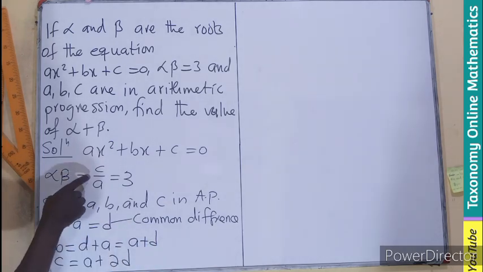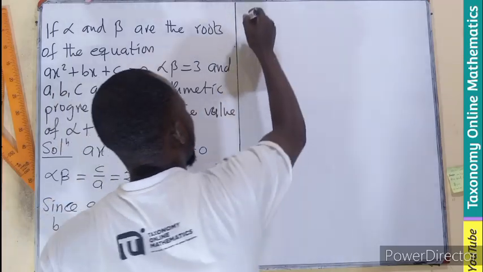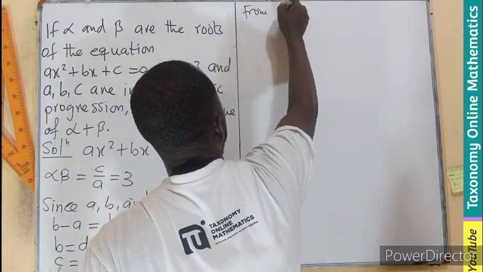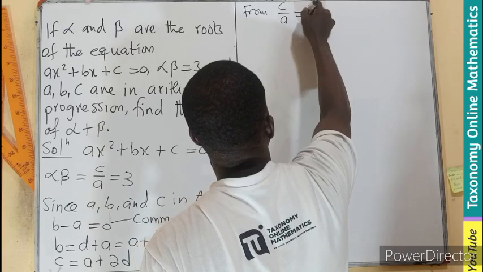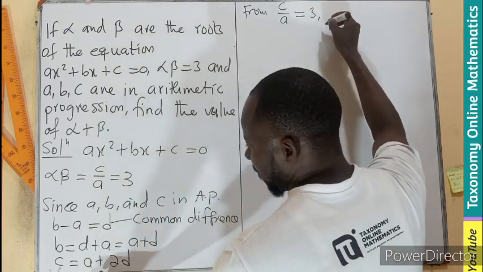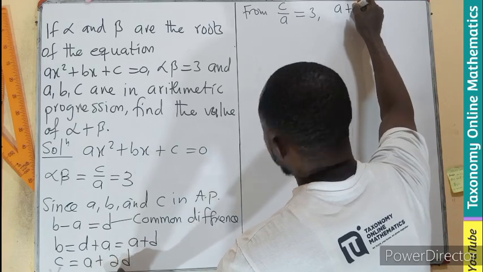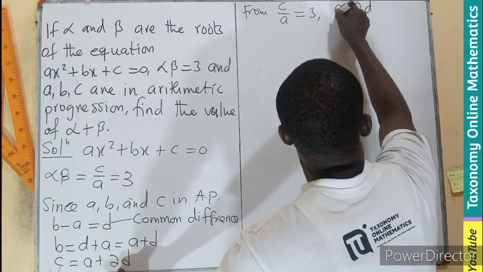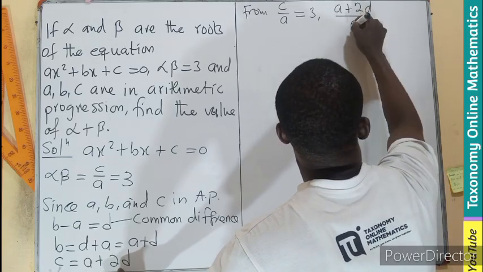So coming back to this place, I can replace my c from here. So what do we have? c over a, which is 3. I can have c being a plus 2d divided by a.